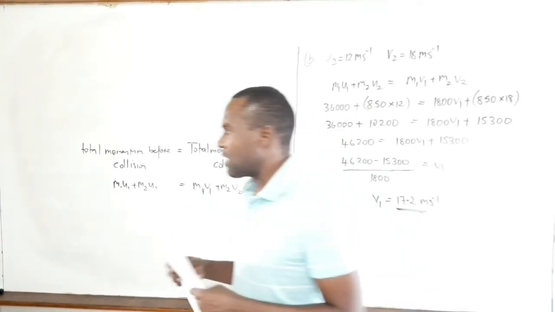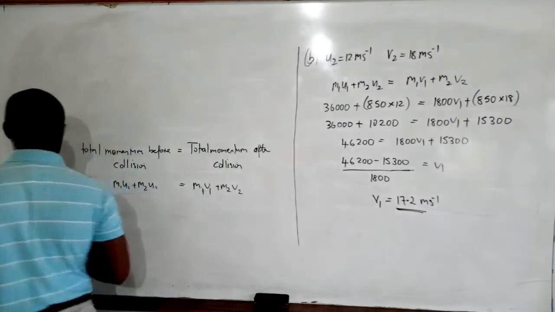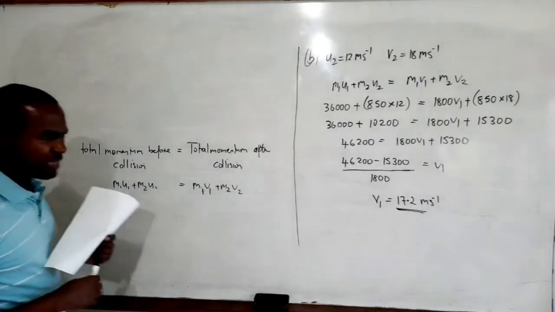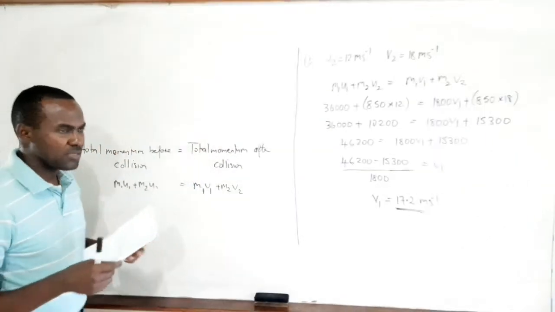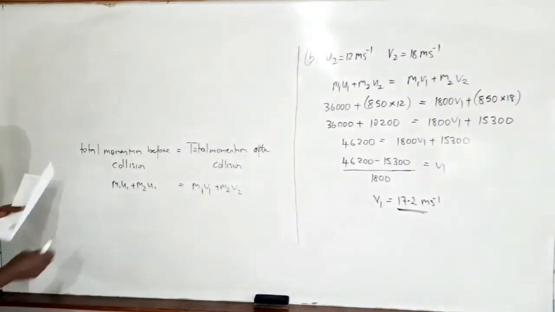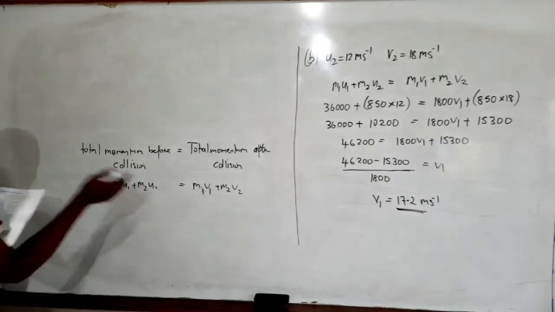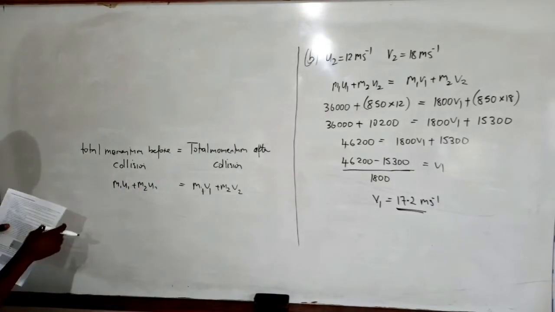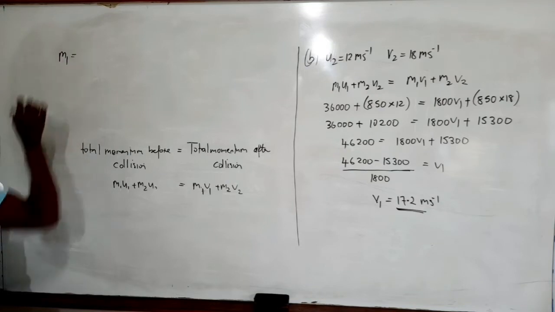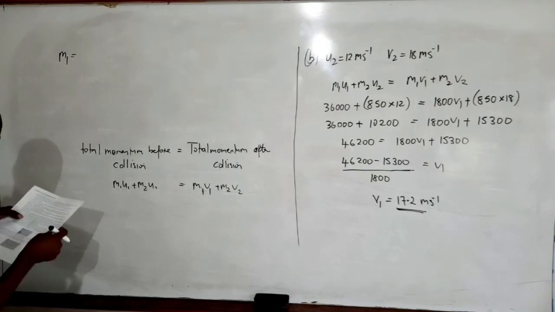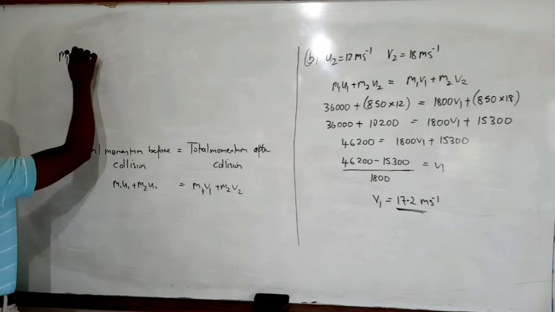So we're told that we have 2 railway trucks, A and B respectively. So once again, we'll assign the 2 bodies subscripts and then we'll proceed. So we're going to let truck A be vehicle 1. So therefore the mass of truck A, M1, equals 2 times 10 to the 4 kilograms.